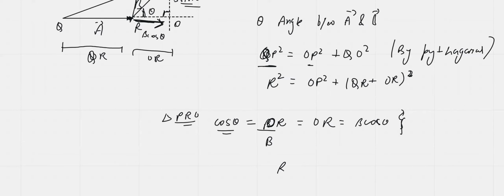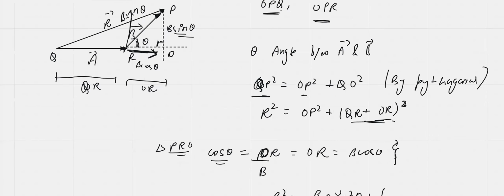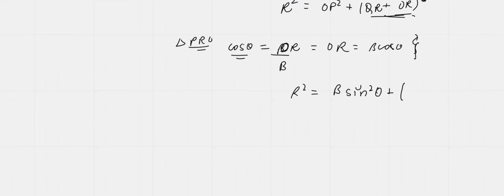So R square is equals to OP. If you see what is the OP, OP is nothing but B times of sine theta, squared. About this part, that comes out as QR. What is the QR? That is nothing but the magnitude of A. So A plus OR, which is B of cos theta, whole square.